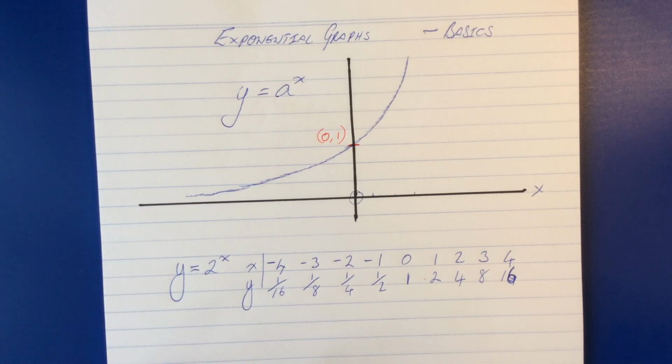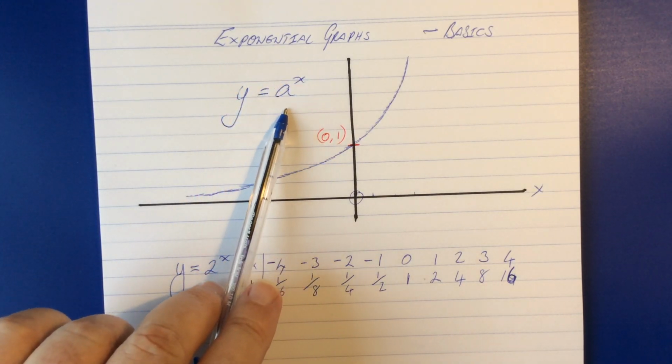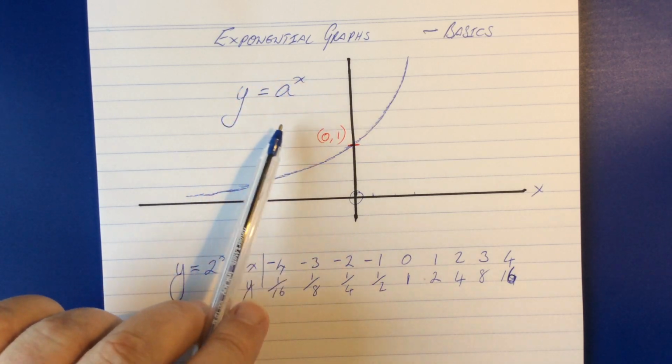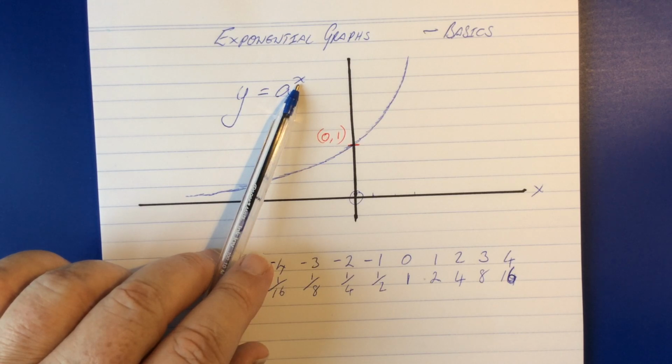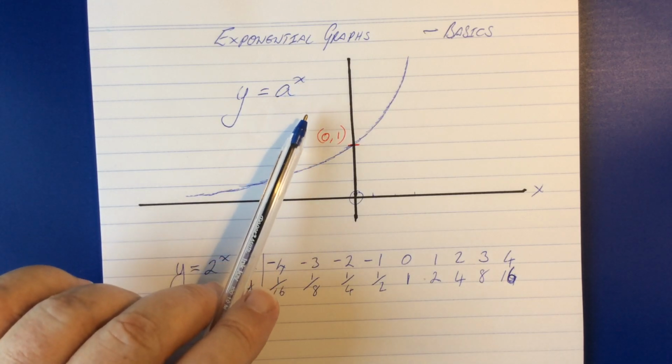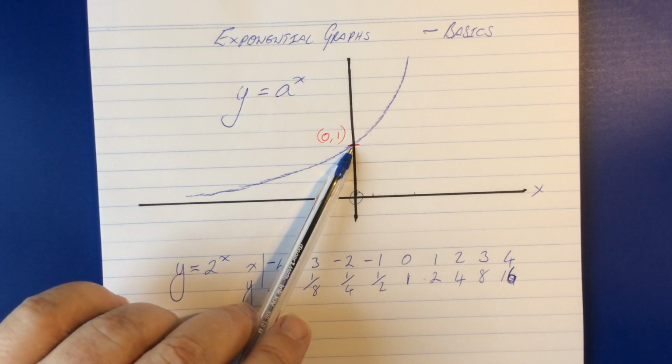And as I said, all exponential functions in this form, y equals positive a to the x, they all look like this and pass through 1.